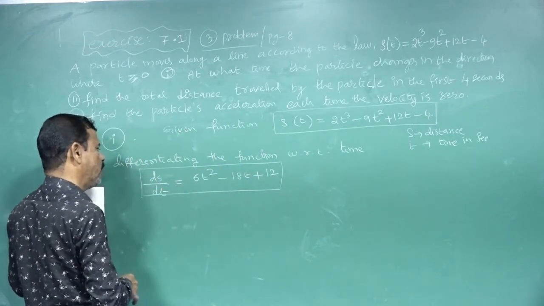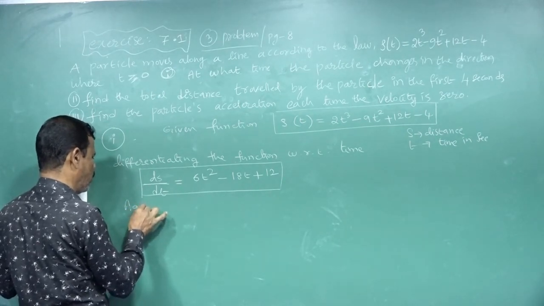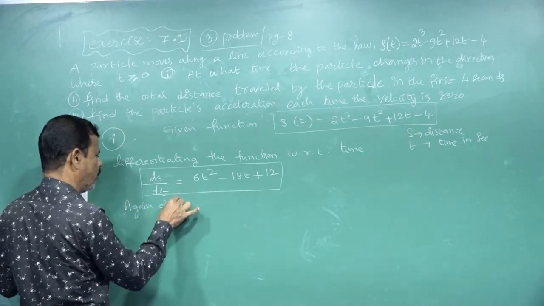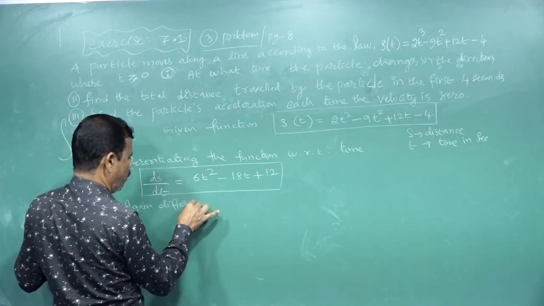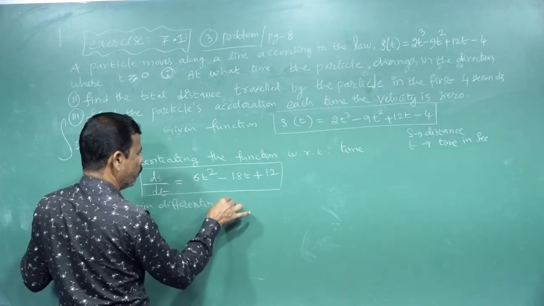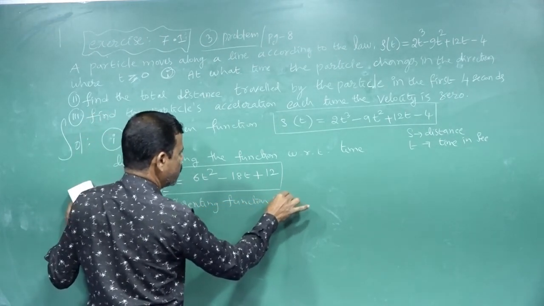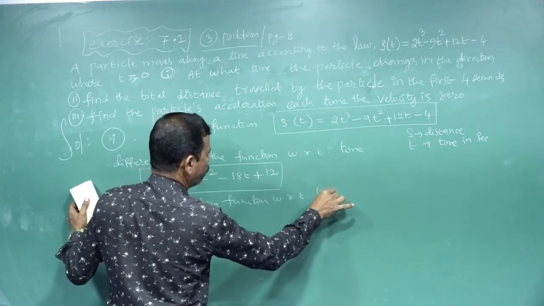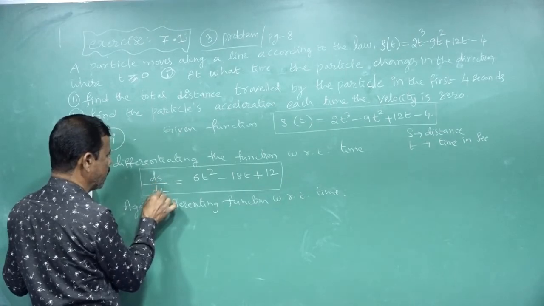At the same time, again differentiate the function with respect to time. Now ds by dt is nothing but velocity.